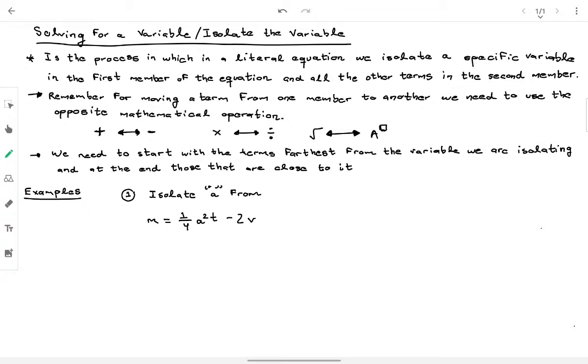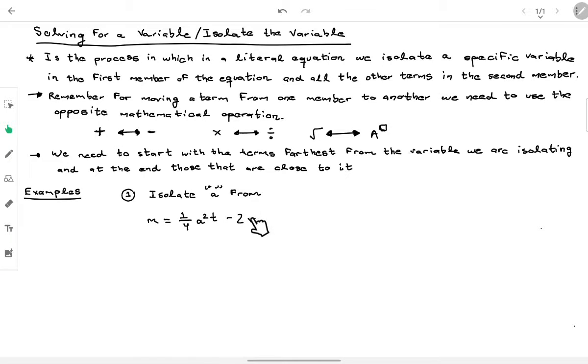How to isolate a from the next formula: M equals 1/4 of a squared t minus 2b. First, we start with what is farthest from the term we need to isolate. We can start with the one that doesn't have a, and it's super simple to move it from this member of the equation to the other.